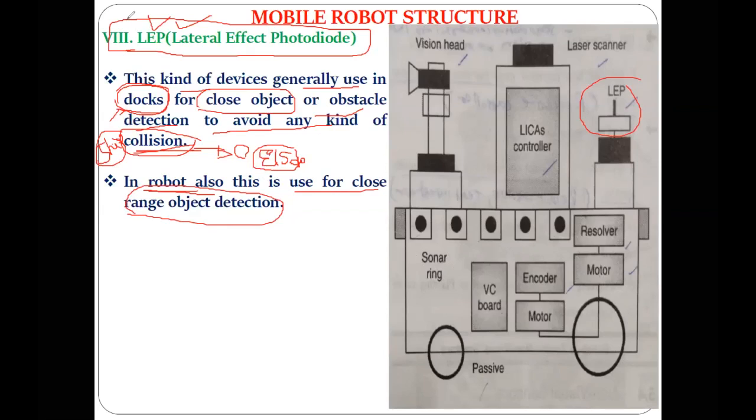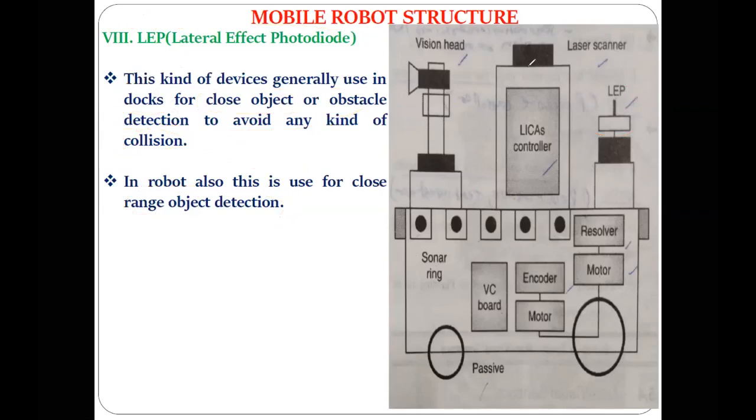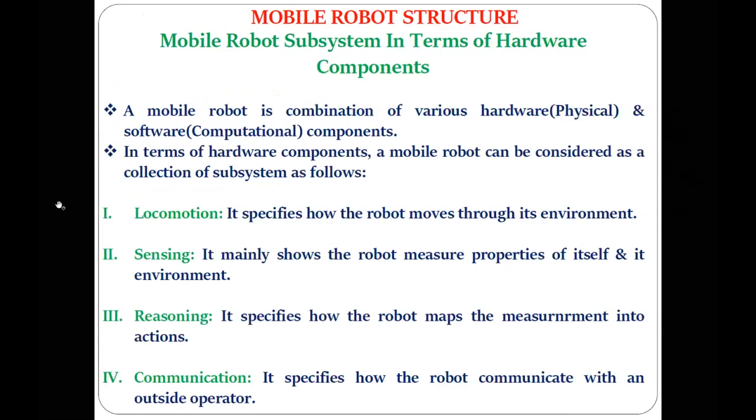Such close range objects can be detected with the help of lateral effect photodiode devices. With all these components, our particular robot structure forms.